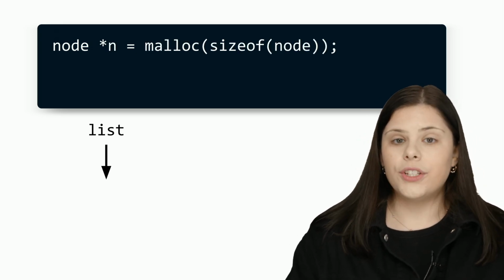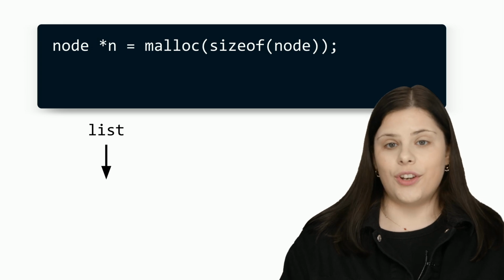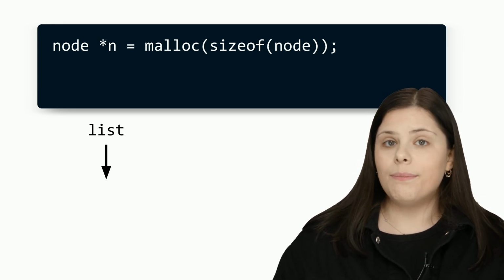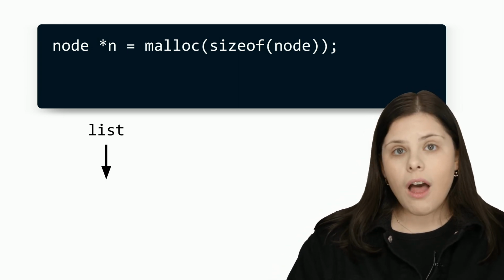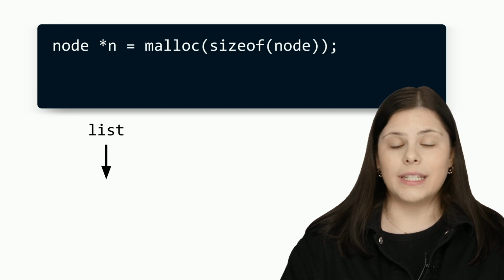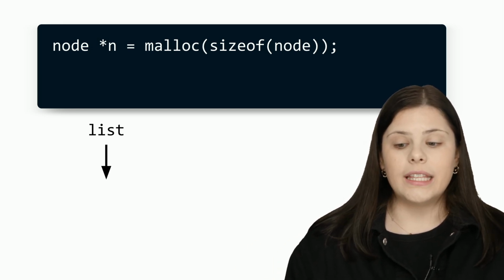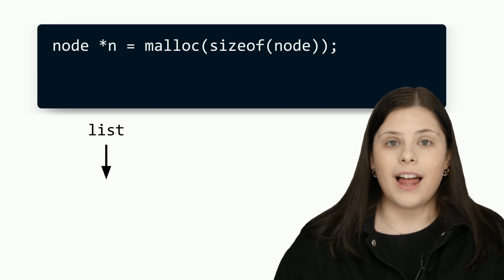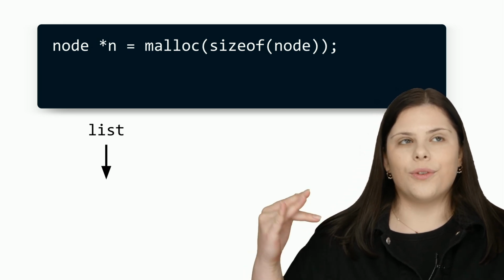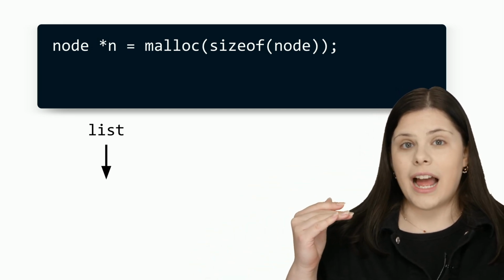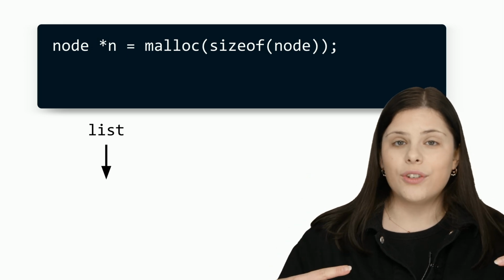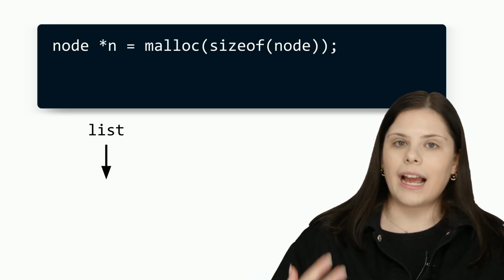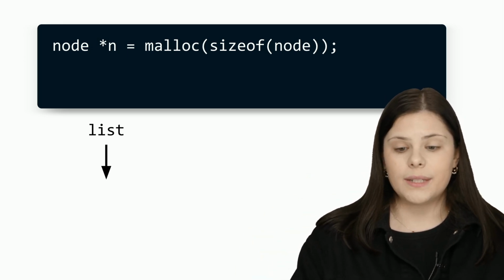Next, what we want to do is create this node. We want to allocate some memory, and this is where malloc and sizeof come into play again. Using the sizeof function, we can determine how much memory we need to allocate for that node. Going back to our slides, since we've predefined the data structure, the computer will know exactly how much space each node needs.